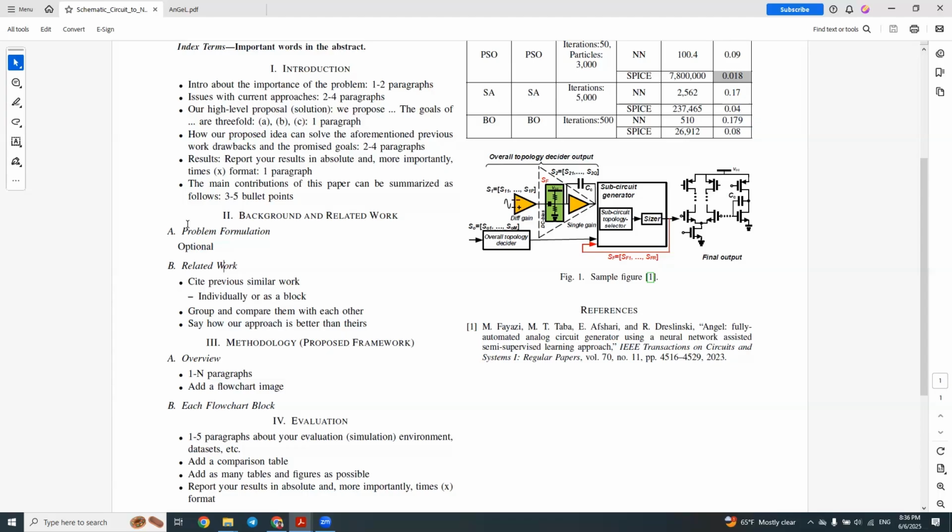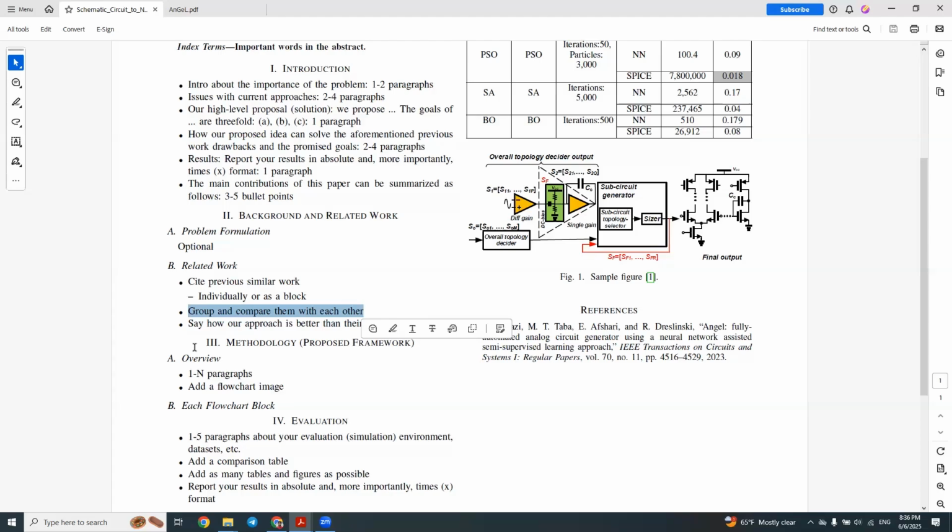For that, we can say that works 2, 3, 4, 5, 6 were using, for instance, a neural network approach, but they were supervised, so all of them were facing large training data. It's very good that we group and compare the similar work together.